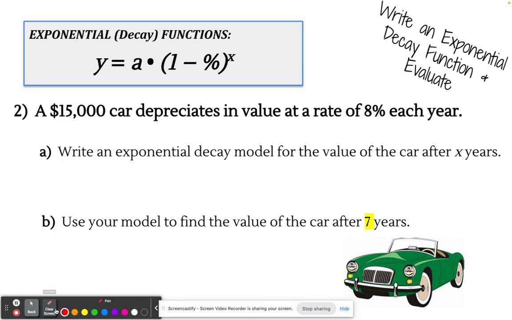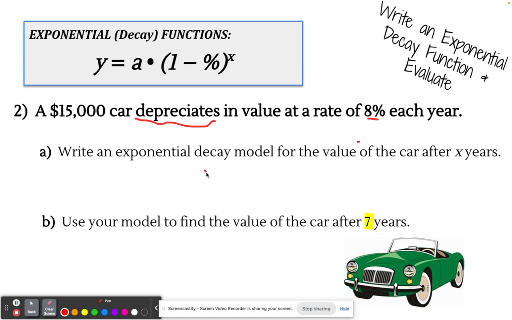Let's look at our next example. A car depreciates. Depreciates is like an accounting term. It means it's losing value. Car value is going down at a rate of 8% each year. Again, we're looking at years for our units, so I want to pay attention to that. So we want to know, first of all, the model for x years.